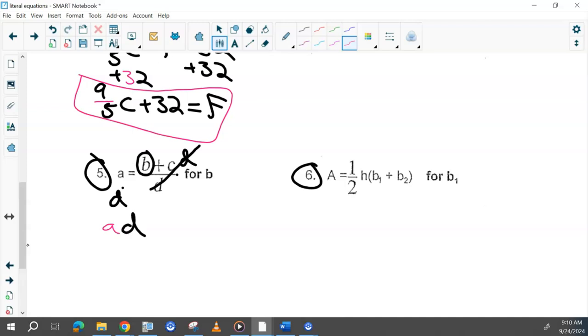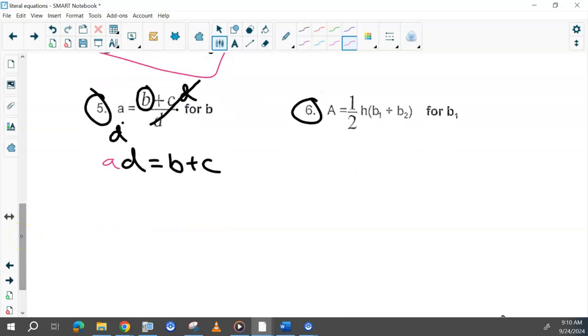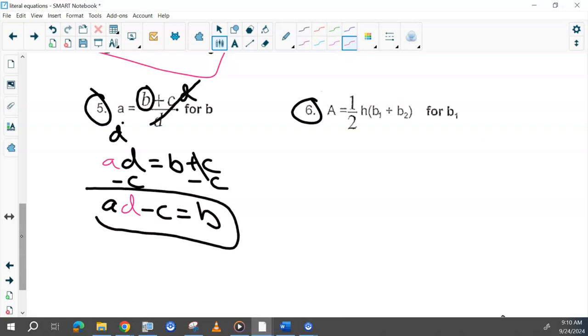We have AD equals B plus C, and then so the C's cancel. We have AD minus C equals B. Questions on that one?